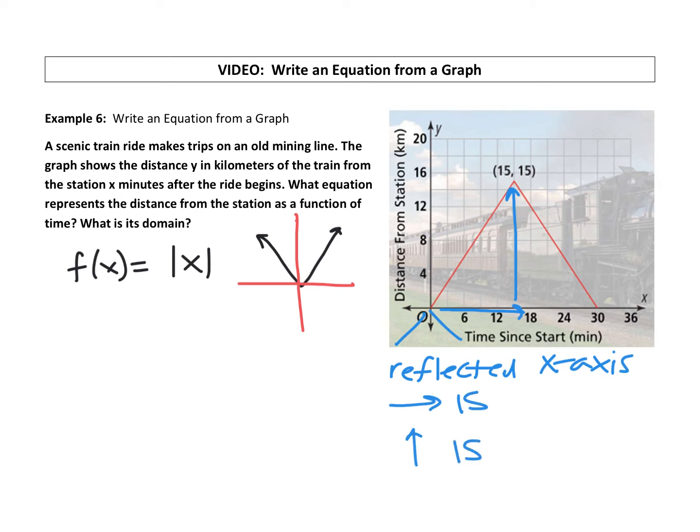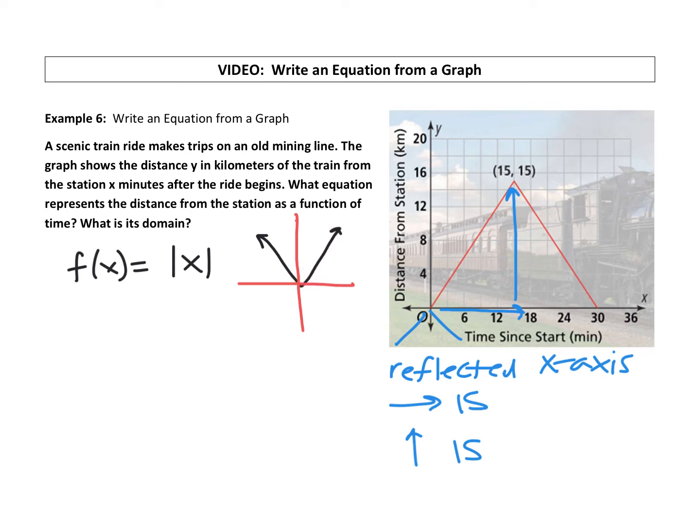Let's come up with an equation that will have those transformations we just talked about. If our original function is the absolute value of x, how do we know if we had any sort of stretch or compression? Would this side of our absolute value graph be going out further, or up closer? Your parent function would have a slope of 1, up 1 over 1, up 1 over 1.